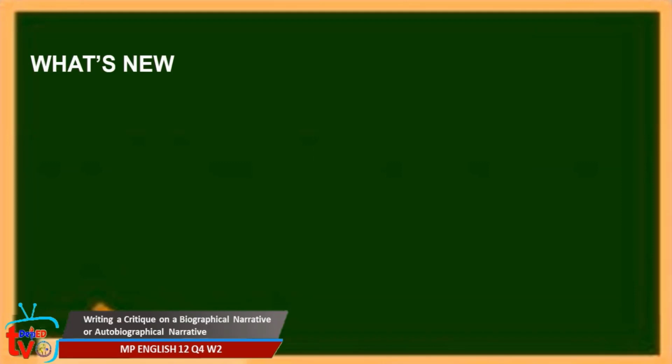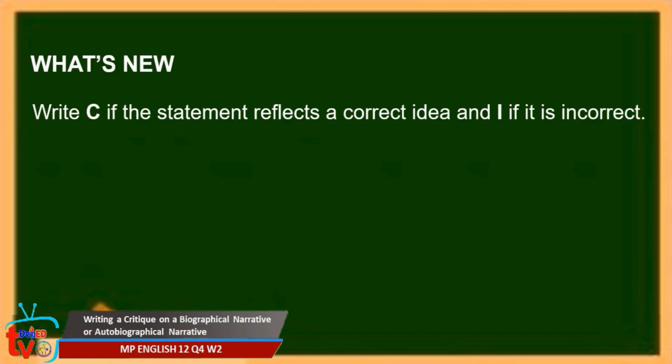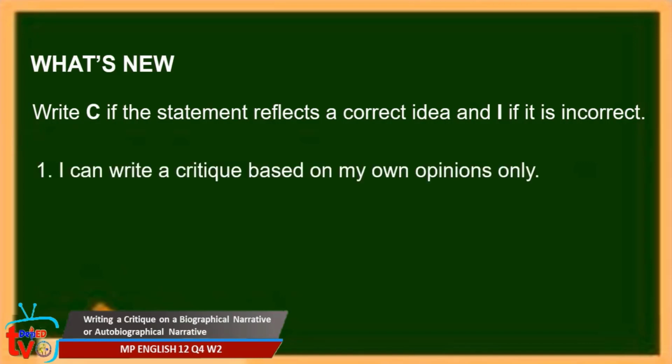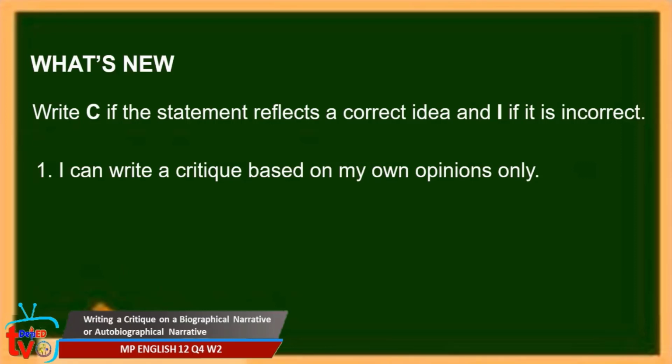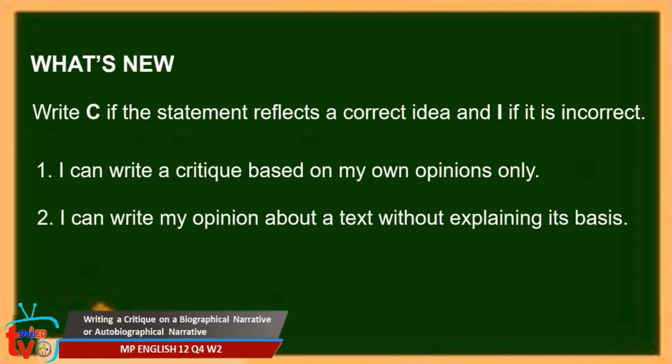Once again, read the statements. On your answer sheet, write C if the statement reflects a correct idea about writing a critique, and I if the idea is incorrect. Number 1. I can write a critique based on my own opinions only. Number 2. I can write my own opinion about a text without explaining its basis.